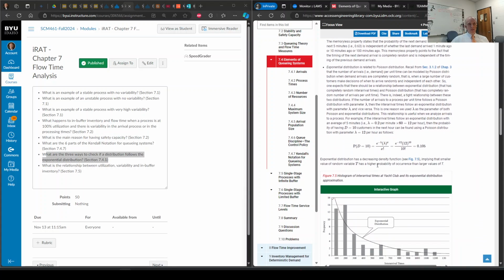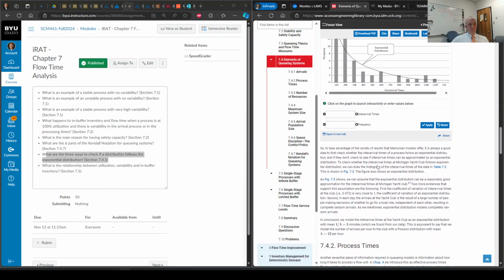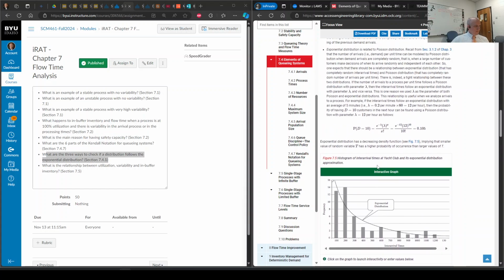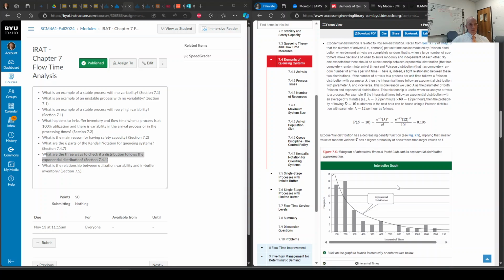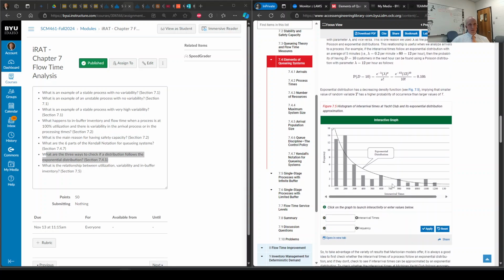And then down below this is where it talks about the 3 ways to check to see if a distribution follows the exponential distribution. It gives an example here. Here's a histogram of the yacht club.